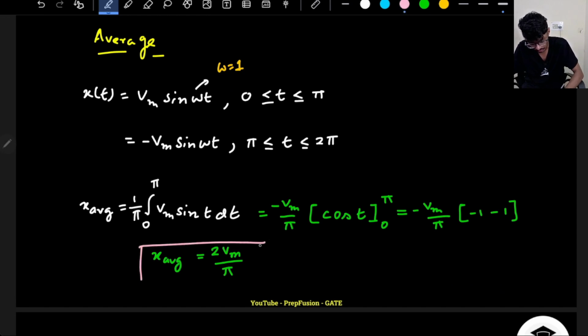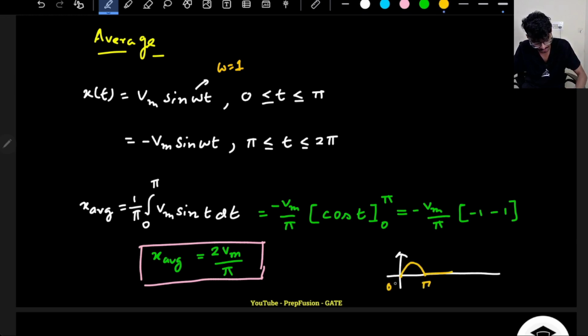Now can you tell me, what if my waveform was somewhat like this? Let's say it is somewhat like this. From 0 to pi it is there, and then from pi to 2 pi it is 0, okay.